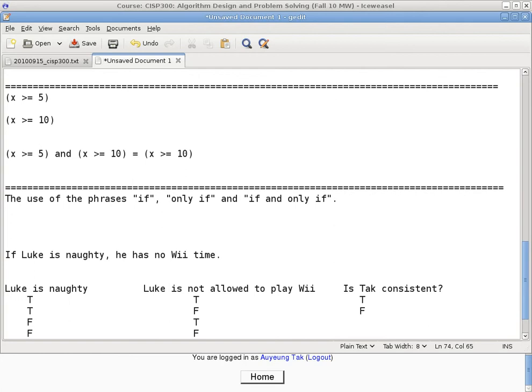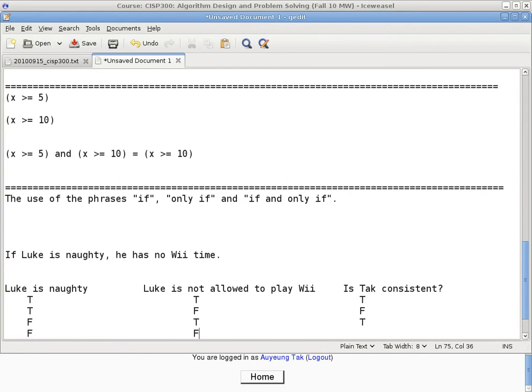How about the last 2 cases? Luke was not naughty, and yet he was not allowed to play with the Wii system. Am I consistent? No. Yeah. Well, according to the logic system, I'm still consistent. I'll explain why later on. How about the last case?